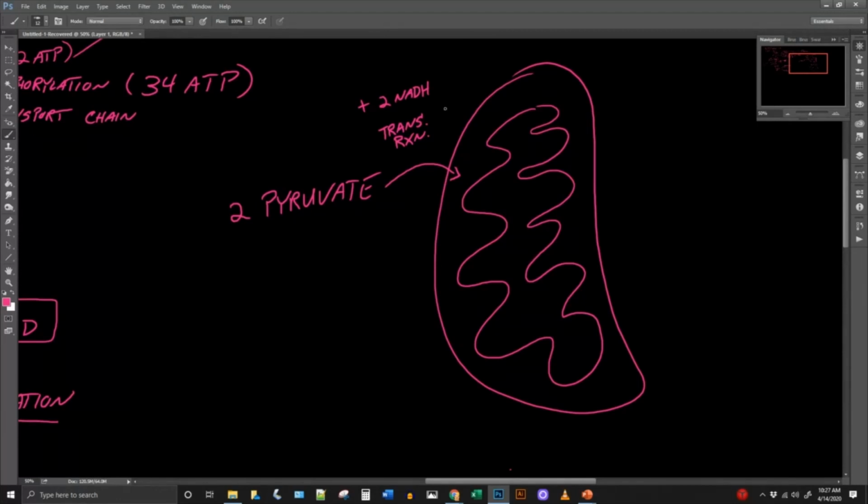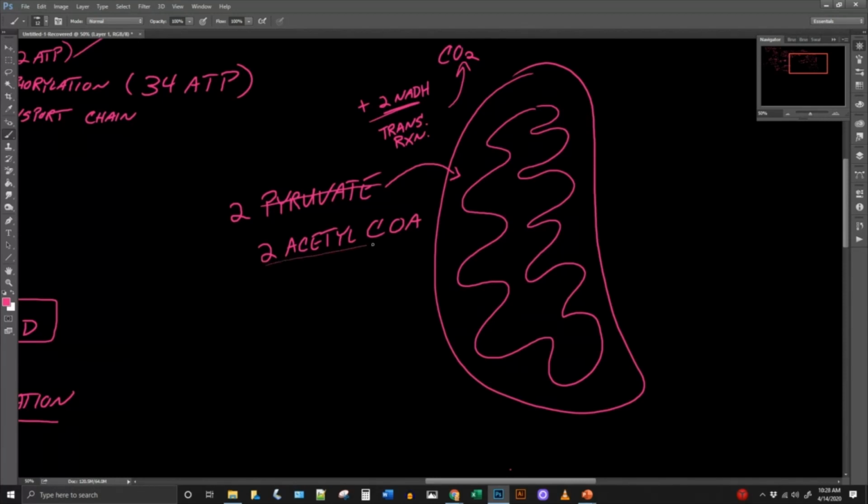And you lose a CO2 in the process. The pyruvate is converted over to, instead of 2 pyruvate, you get 2 acetyl-CoA. So we lost a carbon dioxide, we gained 2 more NADH, and our total is 4 NADH now.